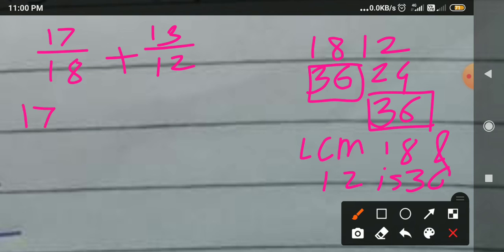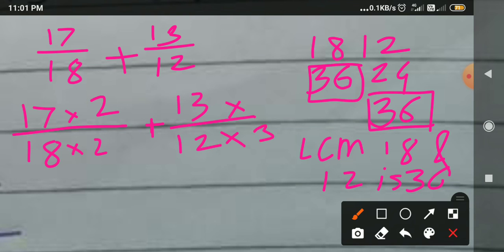To convert 18 into 36, we multiply by 2. Multiply the numerator and denominator of the fraction by the same number, that is 2. In 12's table, 36 is present at the third place, so multiply 13 upon 12 by 3.